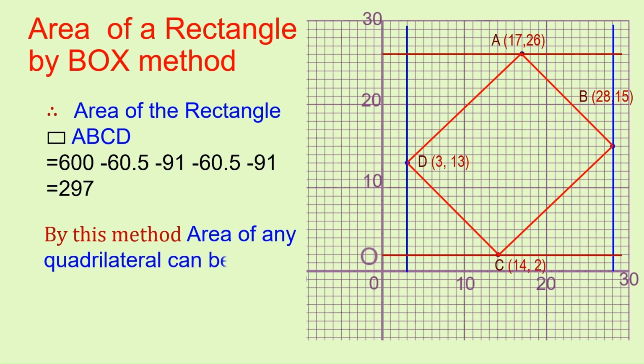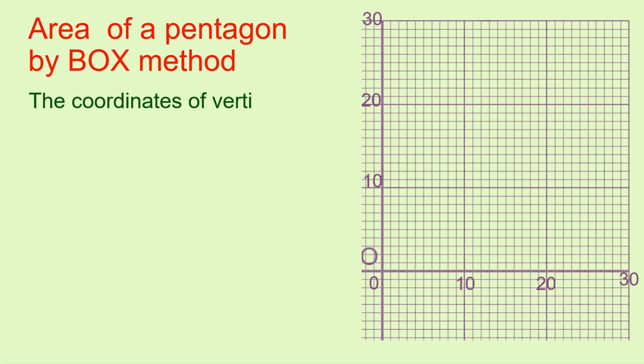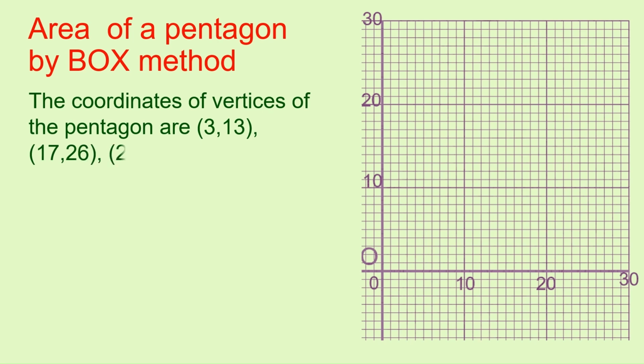By this method, the area of any quadrilateral can be found. Area of a pentagon by box method. The coordinates of the vertices of the pentagon are (3, 13), (17, 26), (28, 15), (20, 2), (10, 2).